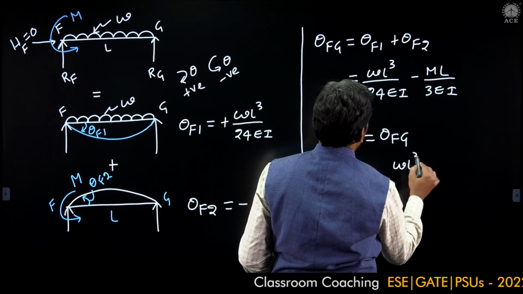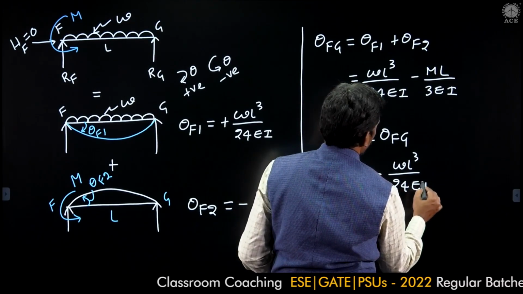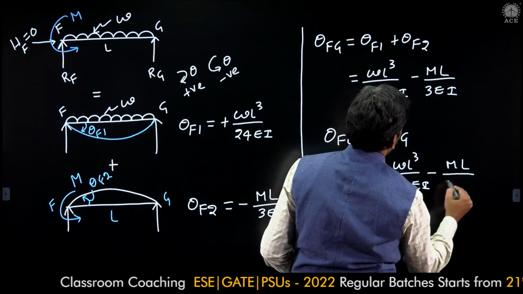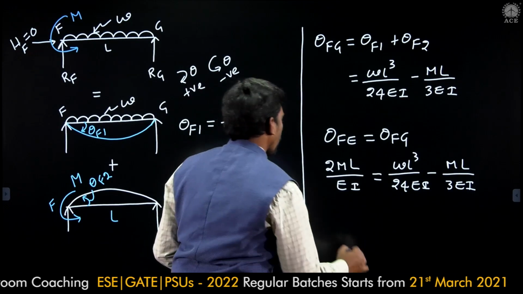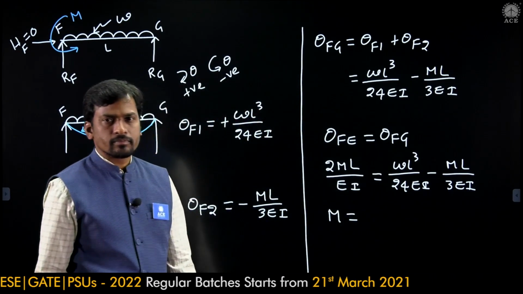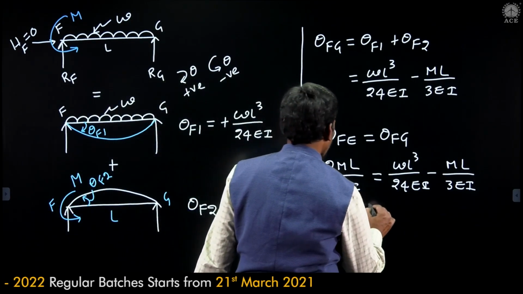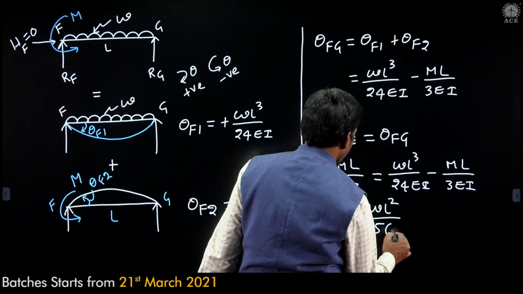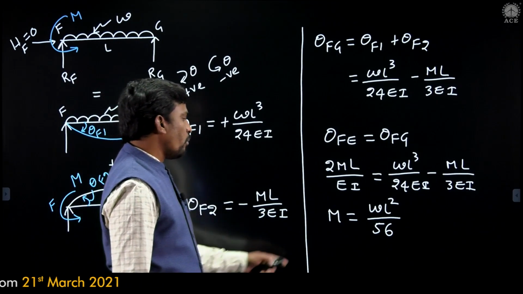Then WL cube by 24 EI minus ML by 3 EI. Then from this equation, can you find the moment M, please? Yes, we can find the moment M. Then here WL square by 56. So this is the moment M.